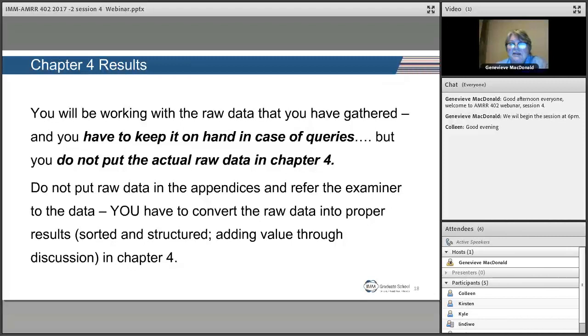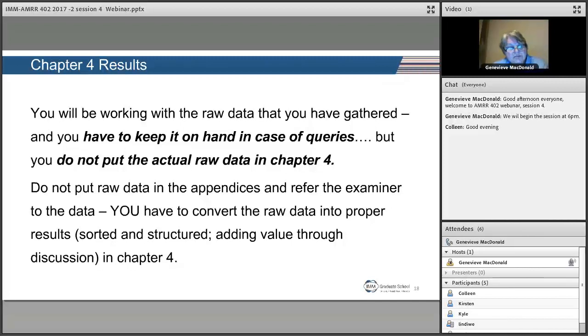If you see you're running out of pages and you do that, the examiner is not going to be impressed. Remember, the only material that will be marked in the appendices are your cover letters and the actual copies of the tools that you are using.